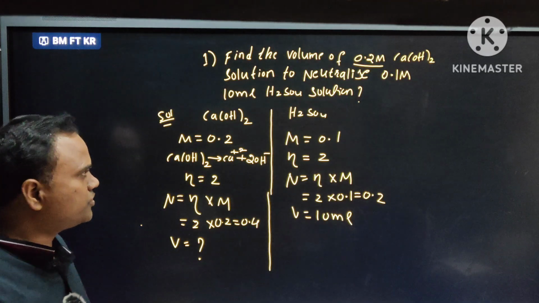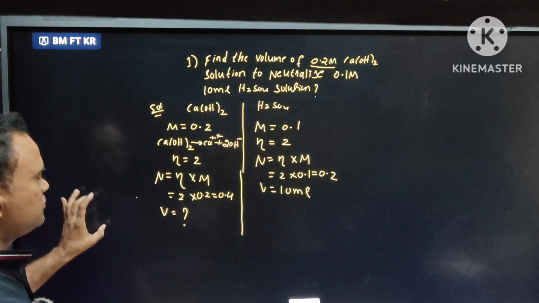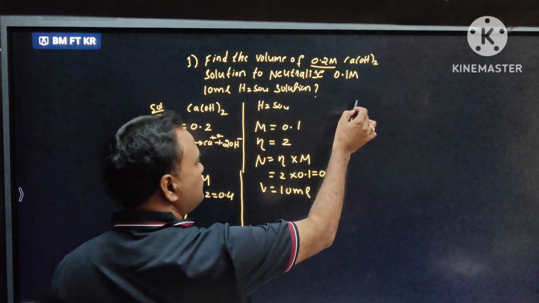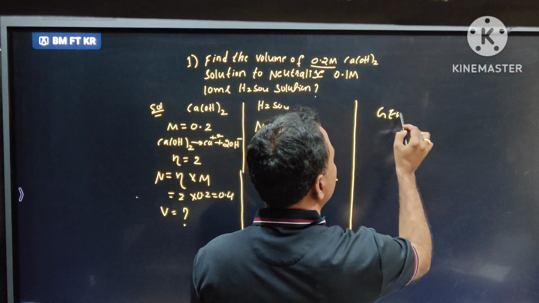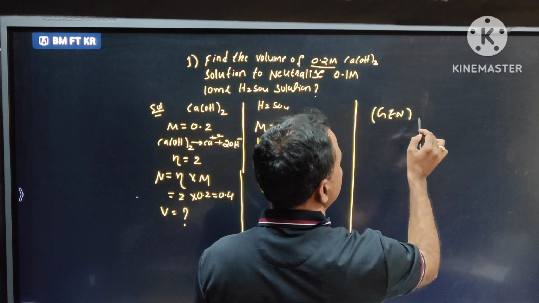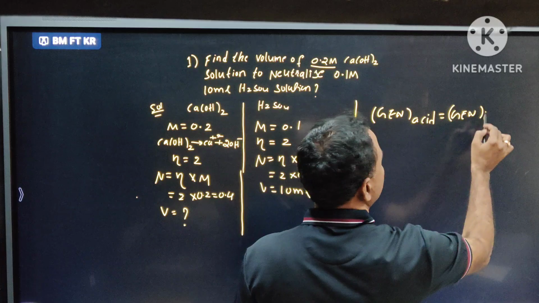Right? Now use the condition of neutralization. Gram equivalents of acid is equal to gram equivalents of base.